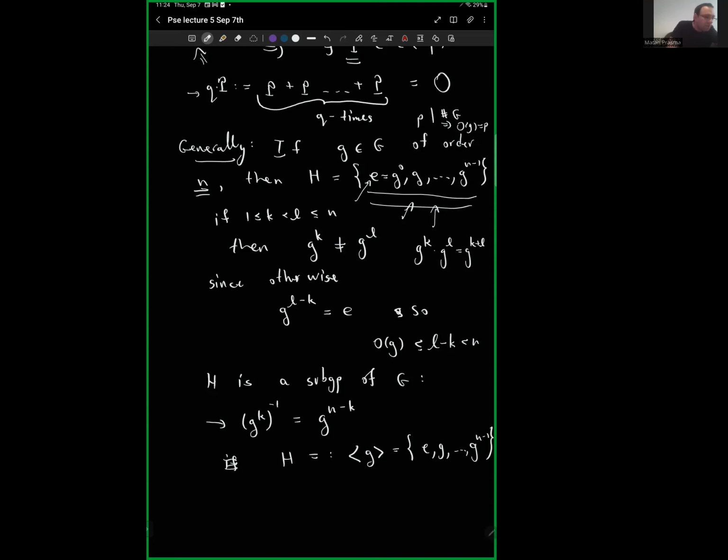Lagrange tells you if you have a subgroup, then the order of the subgroup must divide the order of the ambient group. And Cauchy's theorem says, if you have a prime divisor of the order of the ambient group, then you must have a subgroup, in fact a cyclic subgroup of this order. Okay, makes sense. Thanks.